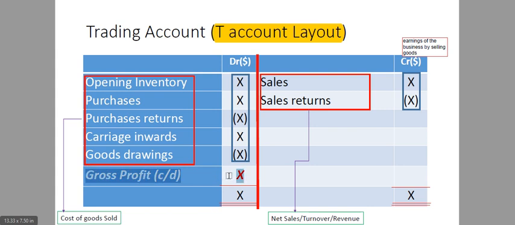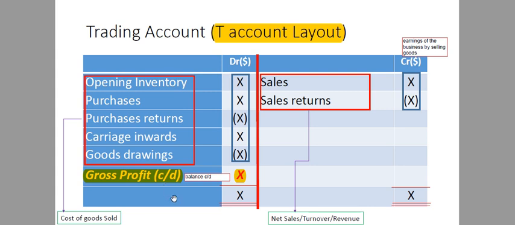Actually this is the balance c/d, so we can write beside it balance also. So this was actually the balance on the account. This was balance c/d, but here the balance is called gross profit, and this gross profit is going to be transferred to the second section of the income statement, and we'll see that when we do that lesson.